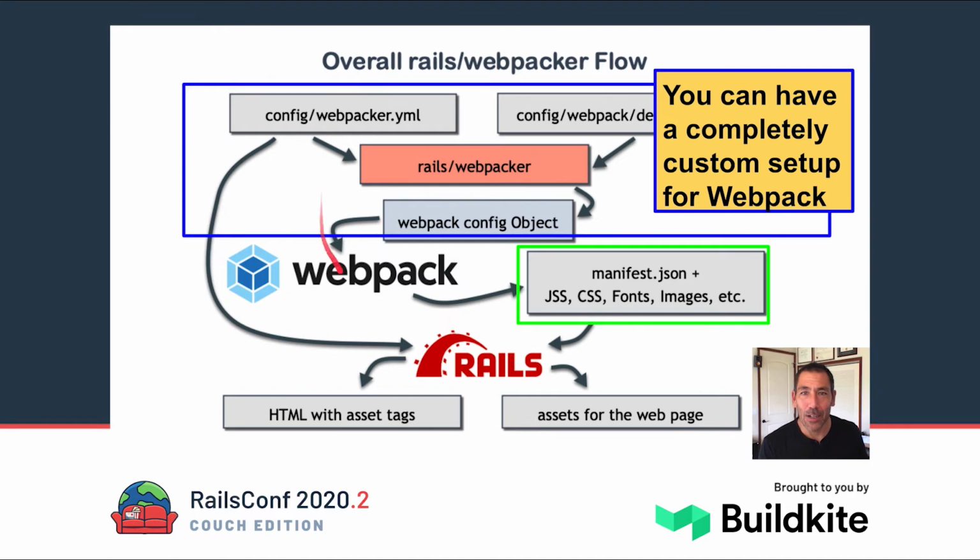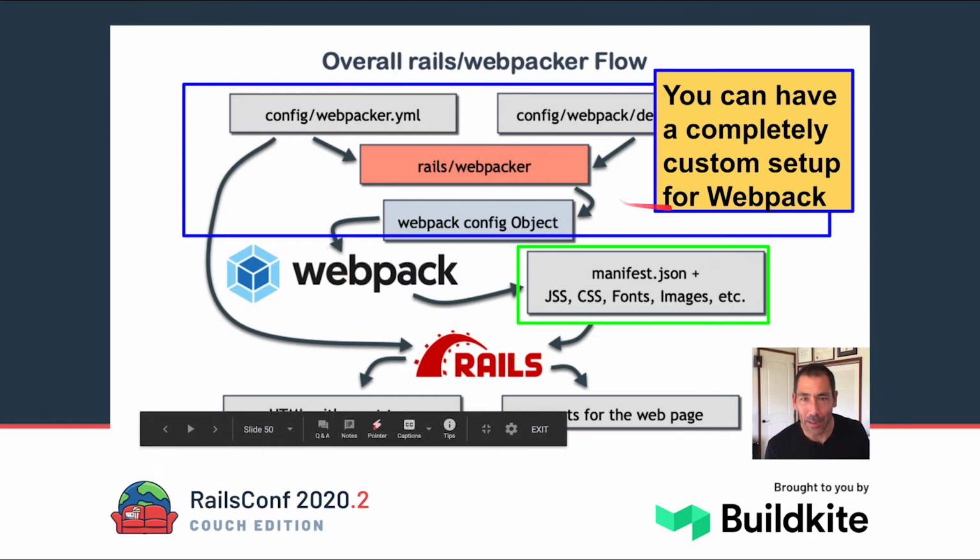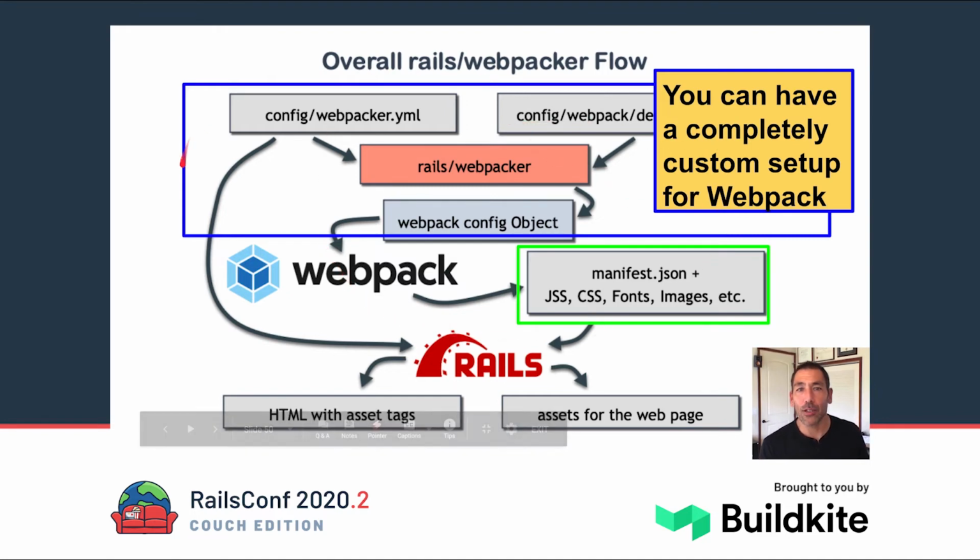So once again, this is the overall flow, and here's a little diagram of this. We can replace this whole top part of the diagram with your own custom setup for Webpack. You're still going to get the same manifest JSON, JS, CSS, fonts, etc. Probably the most important thing you're going to do with your own custom setup for Webpack is make sure it gets the manifest JSON right.